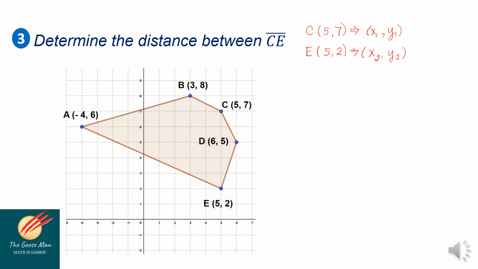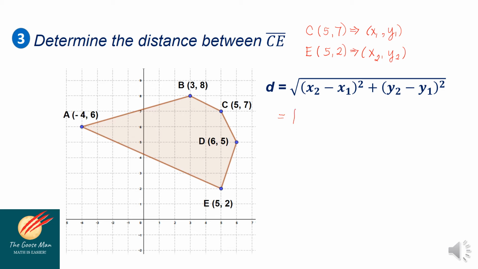So using the distance formula, we have the square root of x sub 2 minus x sub 1 squared plus y sub 2 minus y sub 1 squared, and take the square root. So we will simply plug in the values. We have the square root of our x sub 2, which is 5, minus 5 squared plus y sub 2, which is 2, minus 7 squared.